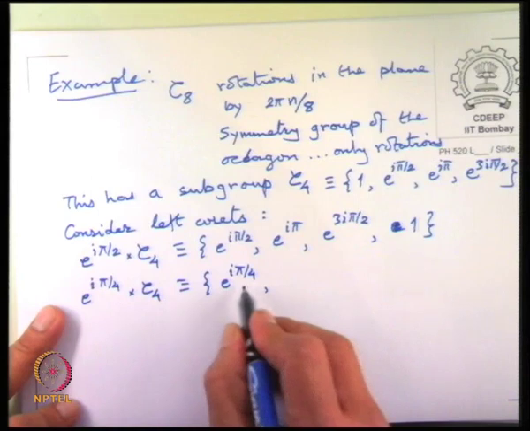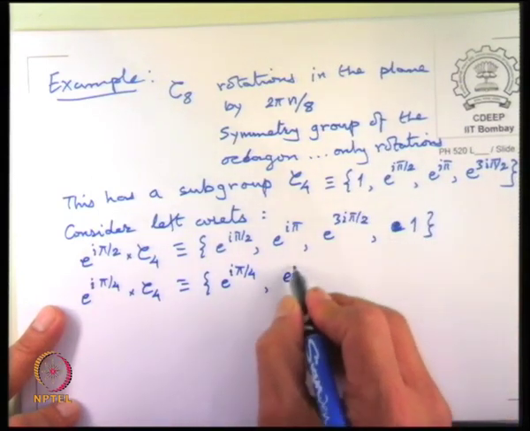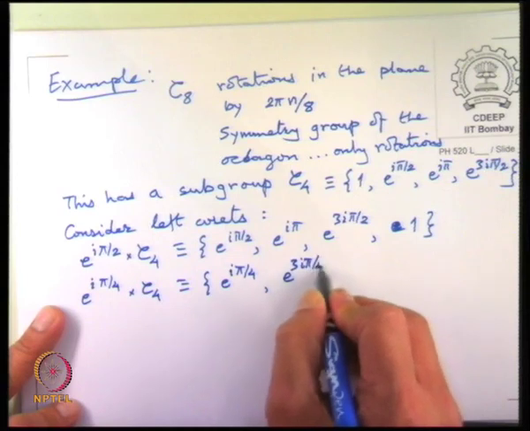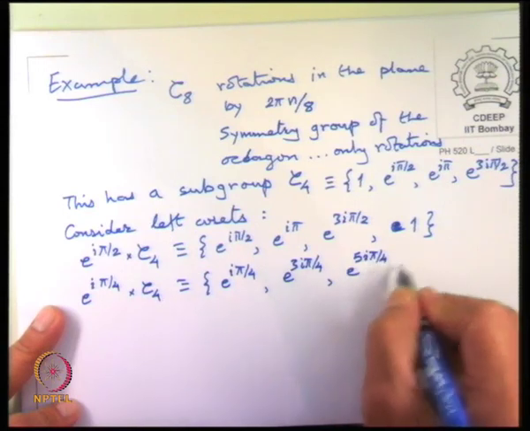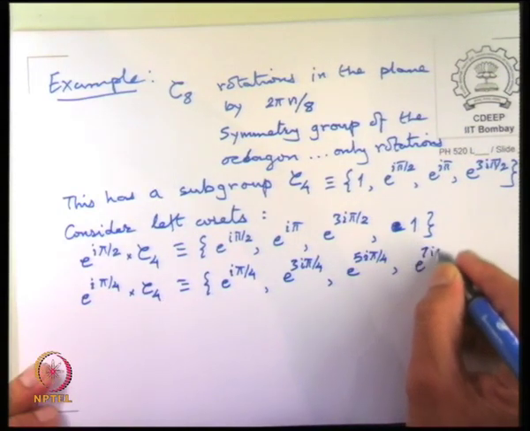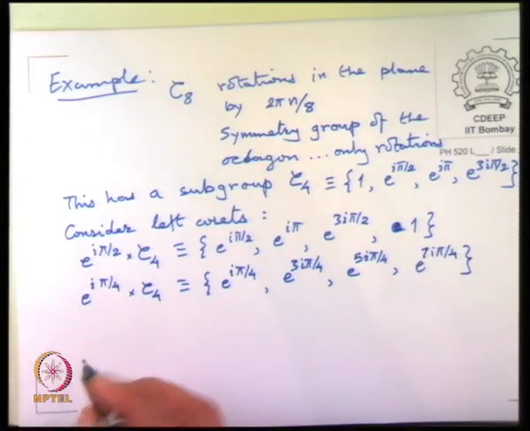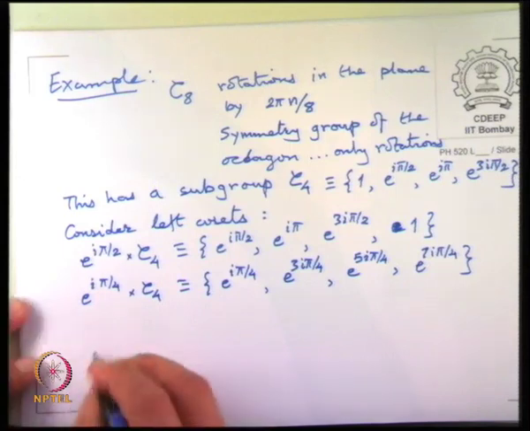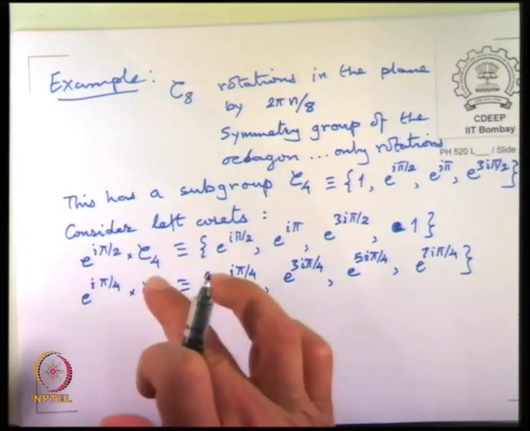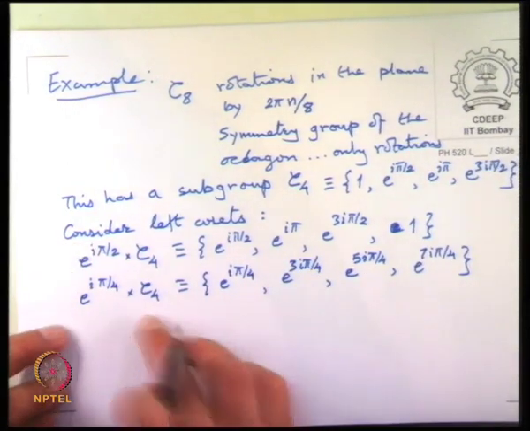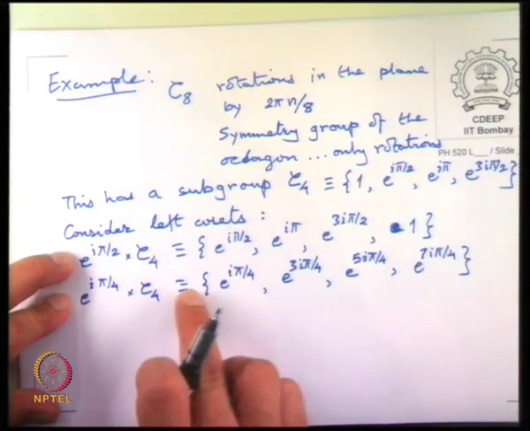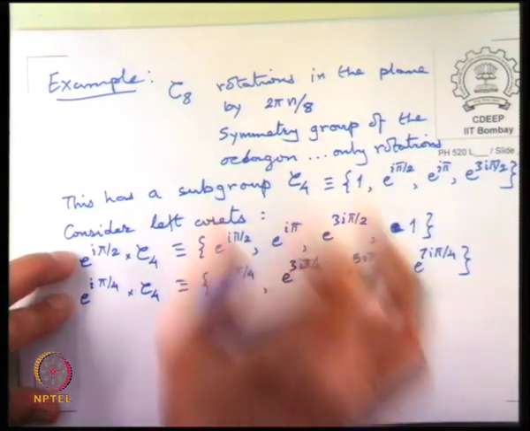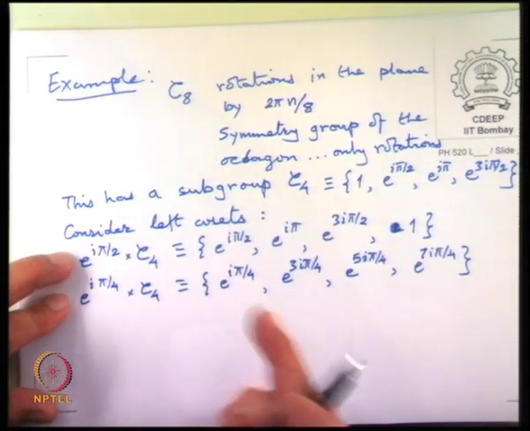But now I will just get e raised to 3i pi by 4, e raised to 5i pi by 4, and so on. You can draw an octagon and check what is happening. This is rotating it by pi by 2, and then this is a smaller rotation. This is just to demonstrate that if I take distinct elements of G, I may get distinct cosets, but the size of the cosets has to be the same, and they are all with distinct elements in them.